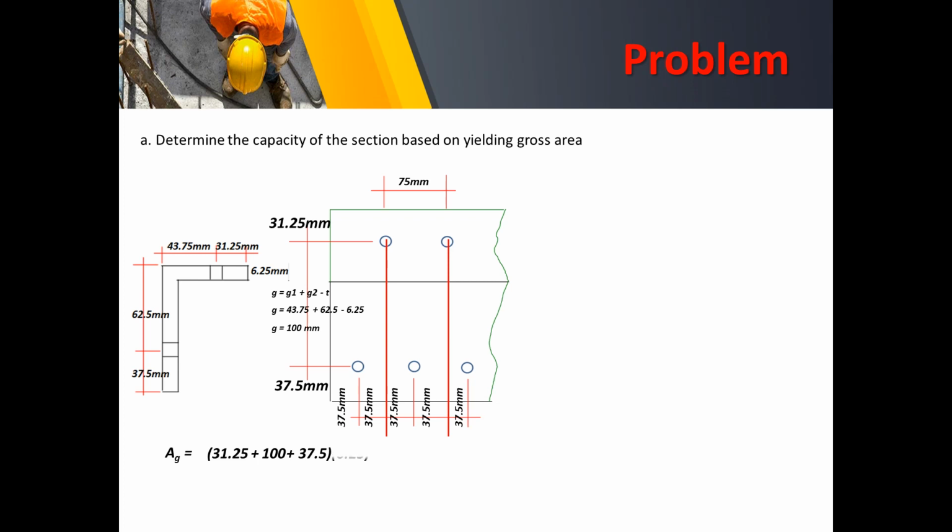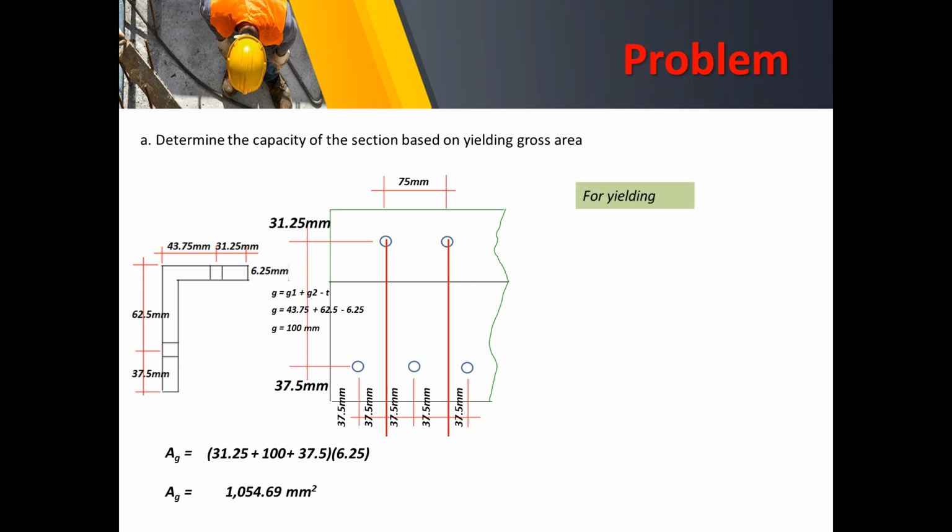Notice here that there will be no deductions from any of the bolts. So this is just a bare length times thickness, or the width of that member times the thickness. Again, we have 31.25, 100, and 37.5 multiplied by the thickness, and that will yield 1054.69 square millimeters.